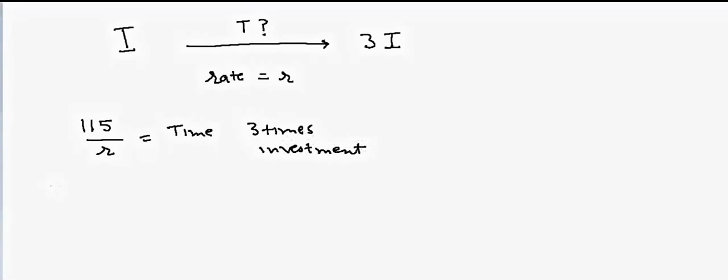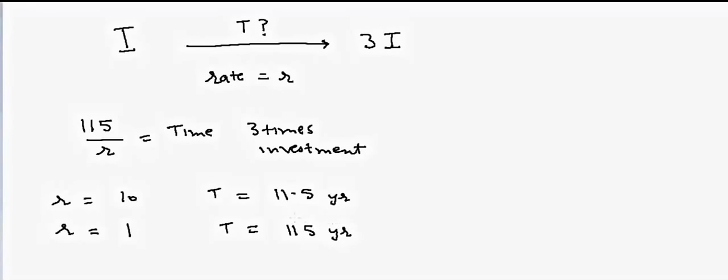For example, if the interest rate is 10%, then time will be equal to 11.5 years. This is the approximate time. If interest rates are 1%, then time would be equal to 115 years.